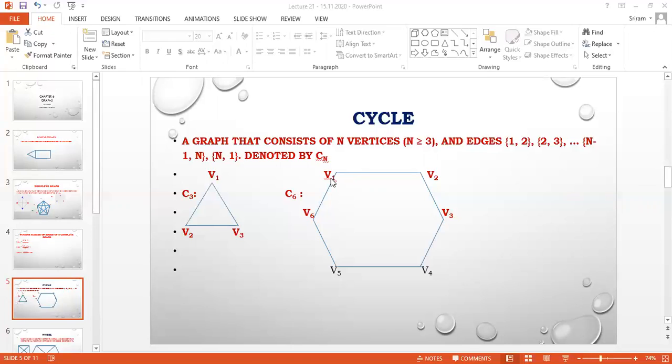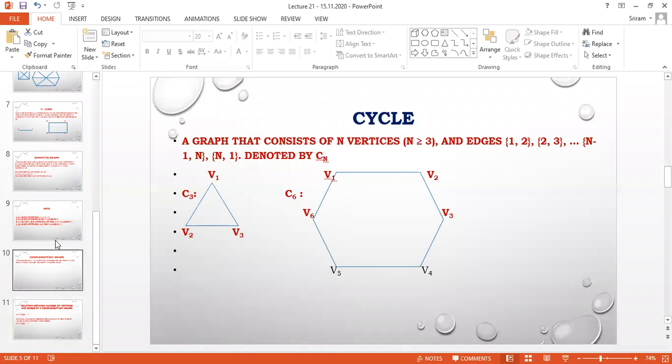For example, when I take V1 out, from V1 I am having a connection to the other set, V2 and V6, isn't it? So when I take V2, I can say V1 and V3. So in this case, how can I divide this into these two sets?